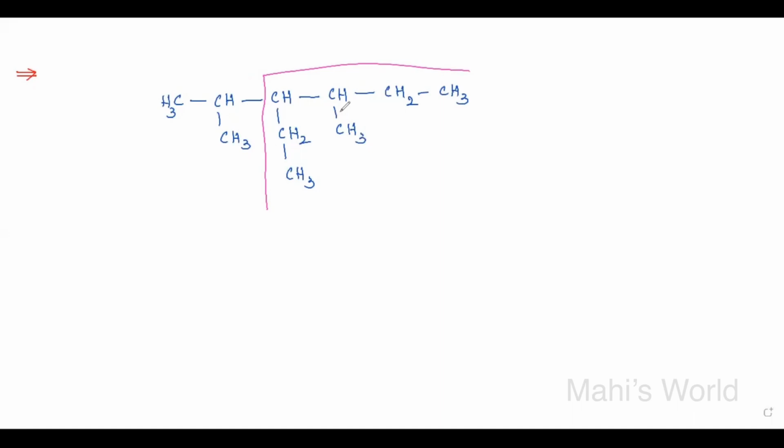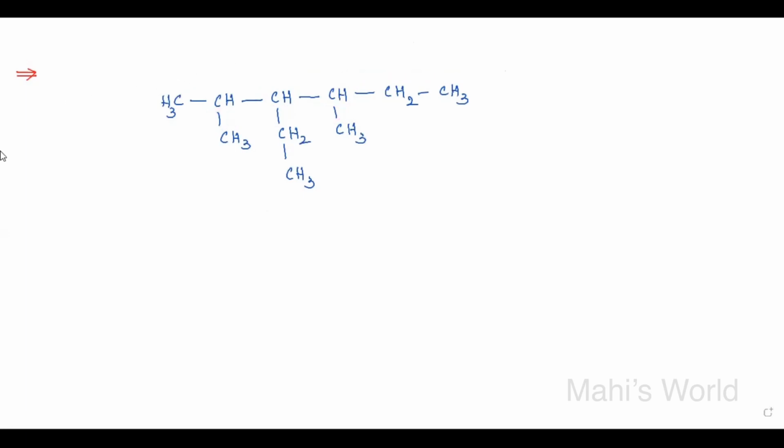But when you take this as one point of connectivity and this as another point of connectivity, there are 2 points of connectivity when you consider this. But when you consider this as a parent chain, there are 3 points of connectivity. So let me go with this.